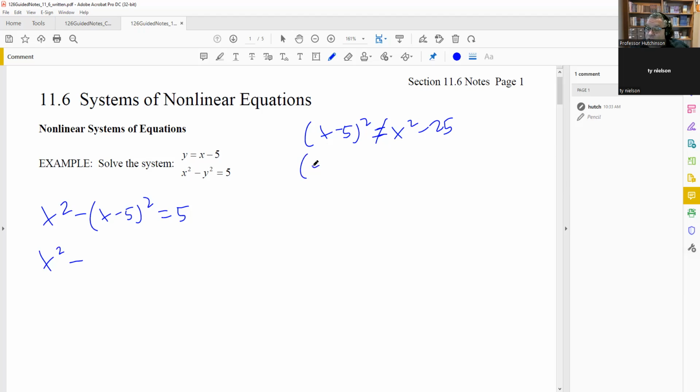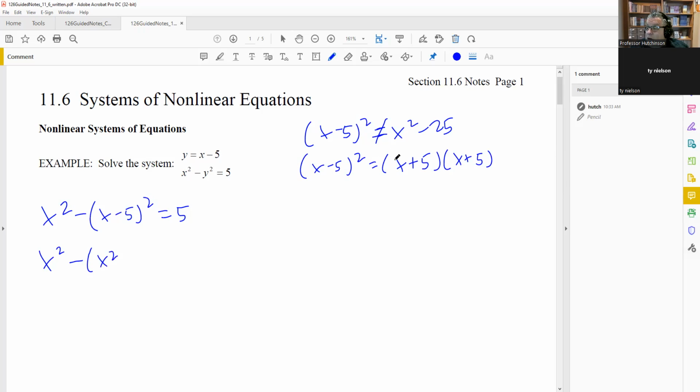Remember that x minus 5 squared really means x minus 5 times x minus 5. So what you're actually doing here is a foiling step. We're multiplying first, outer, inner, last. So we have x squared, and I'm going to put this in parentheses because we're subtracting the entire thing. I want to make sure that everything I'm subtracting is inside these parentheses.